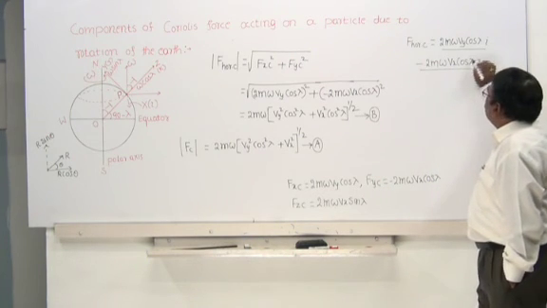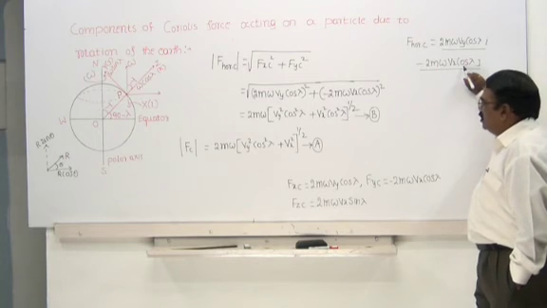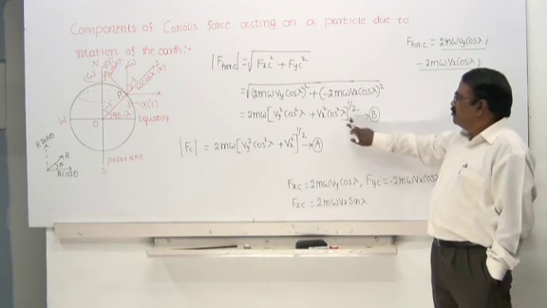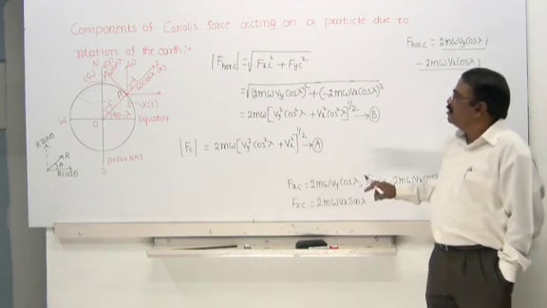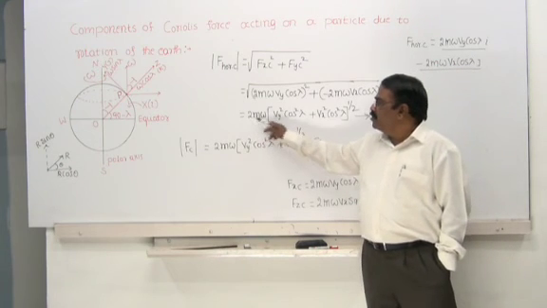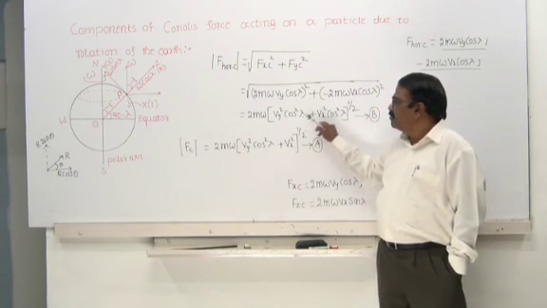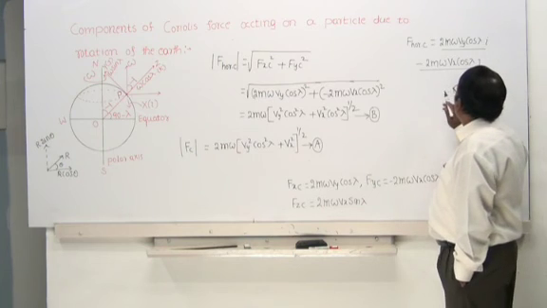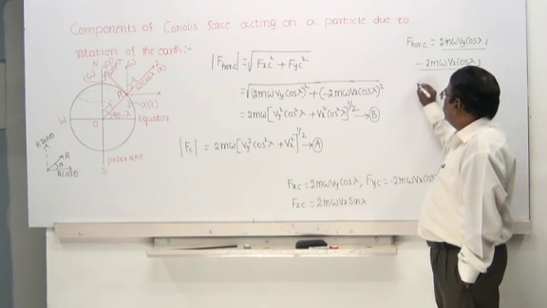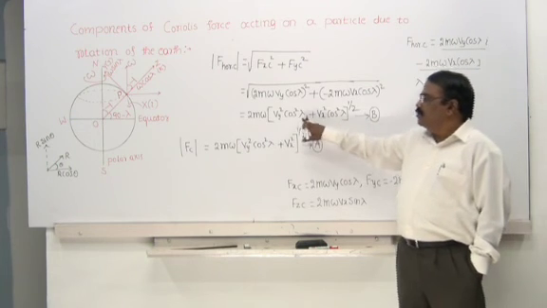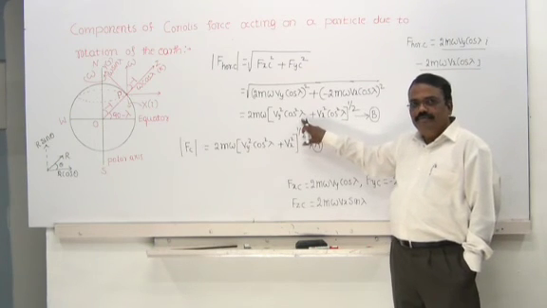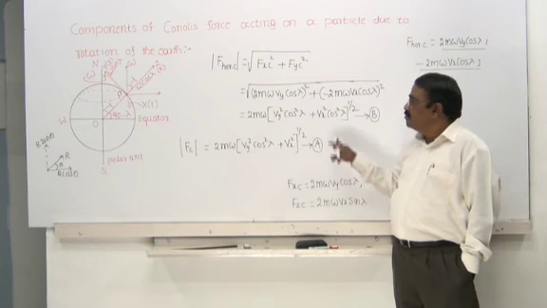So from this, it is clear that magnitude of the horizontal force is maximum when this lambda is 0. Because if lambda is 0, cos 0 is 1, it is a maximum.